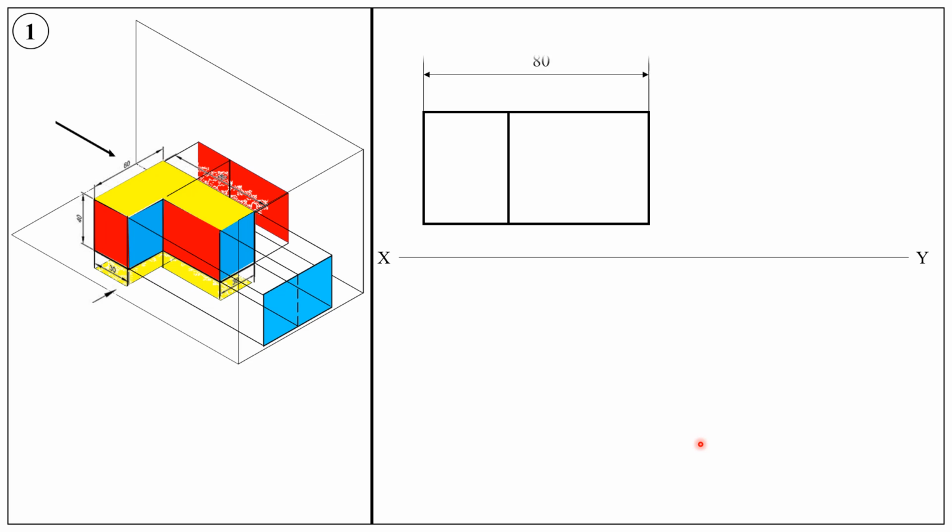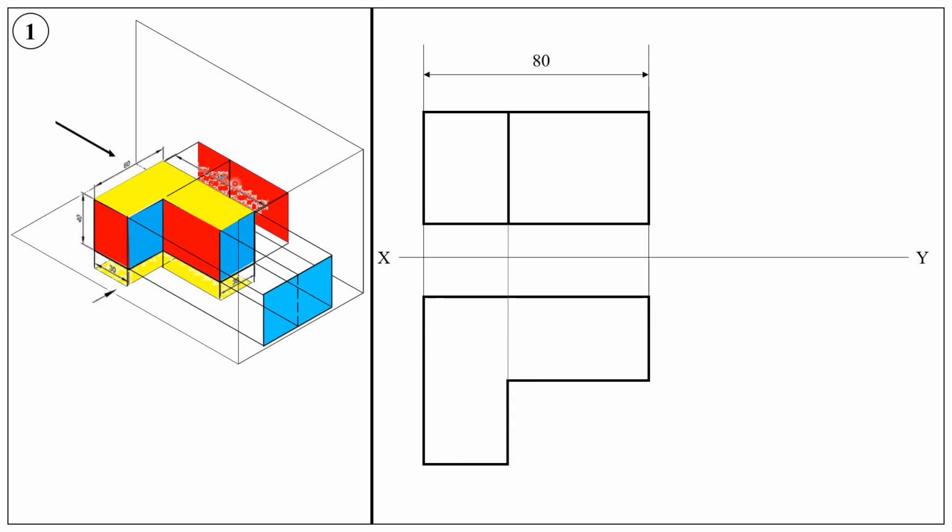Now show the dimension, the length of the rectangle, which is equal to 80, which you can take from the pictorial view. Here it is given. To draw the top view, project from each and every corner point like this and complete the top view. Give the dimensions.